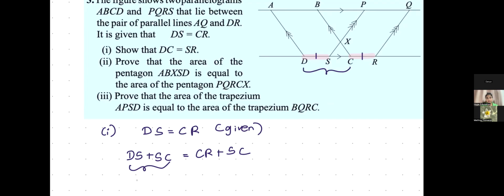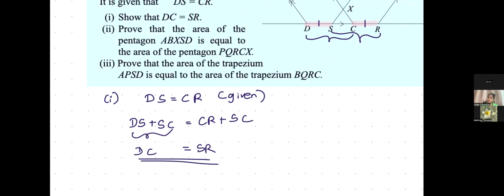Right? Then here CR plus SC කියලා කියන්නේ SR. See? What they have asked us to prove, we proved it here. Is that clear to you, ළමයි? Is this clear?